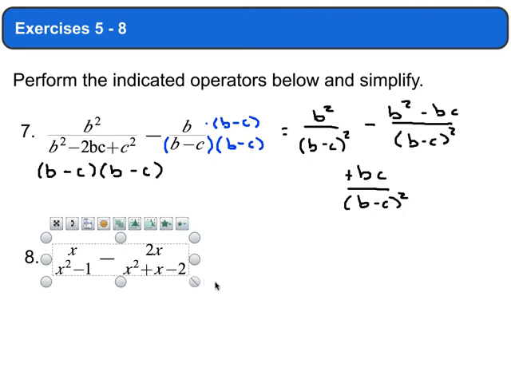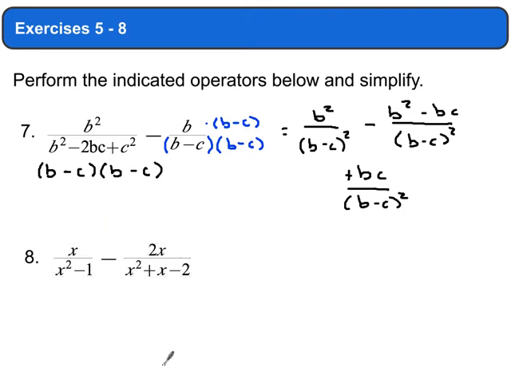Let's see if we can clean this one up so we can see there's the fraction bars. So same idea, right? This is a difference of squares, so that factors into x minus 1, x plus 1, and if we factor this one out, this is an x and an x.